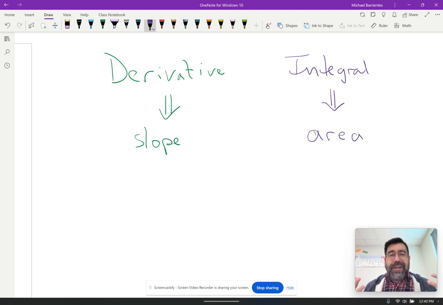So we are dealing with two very complex ideas in derivatives and integrals. However, they simplify to these two very accessible ideas of slope and area.